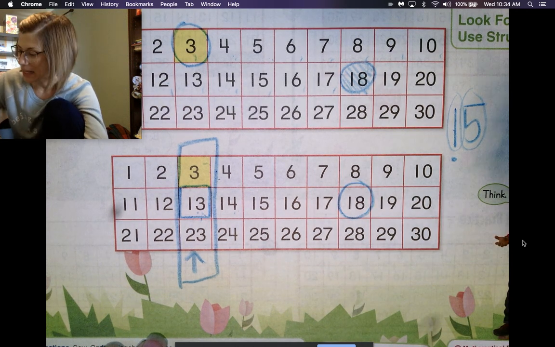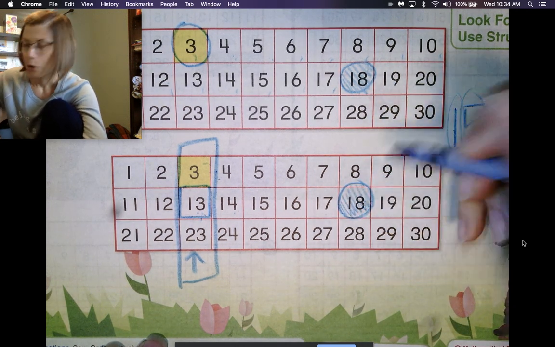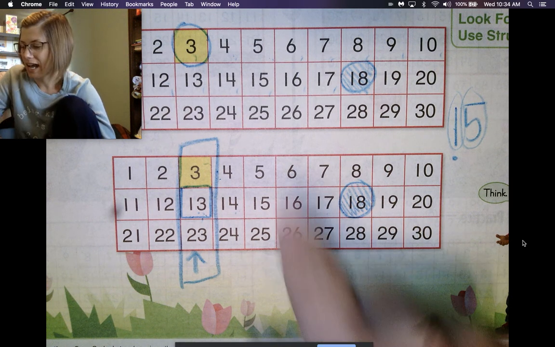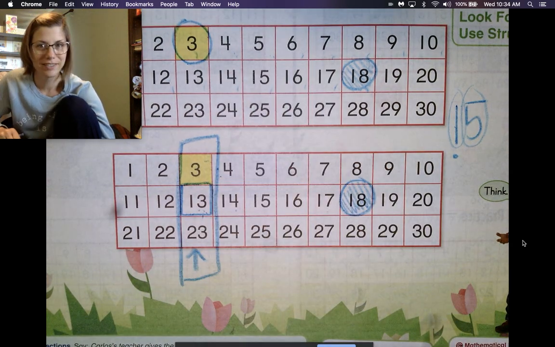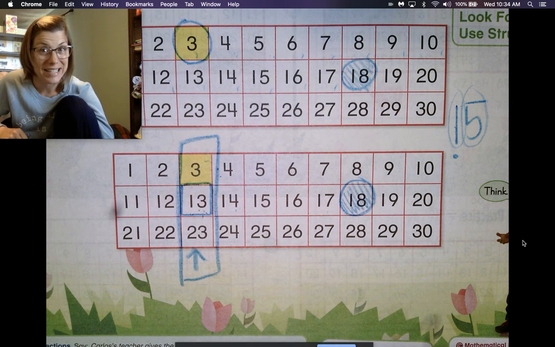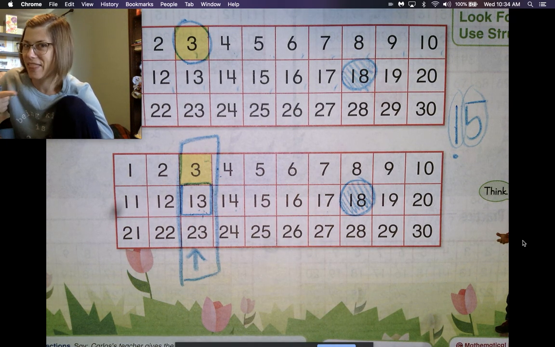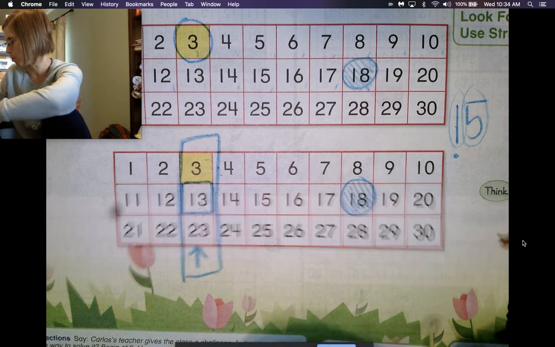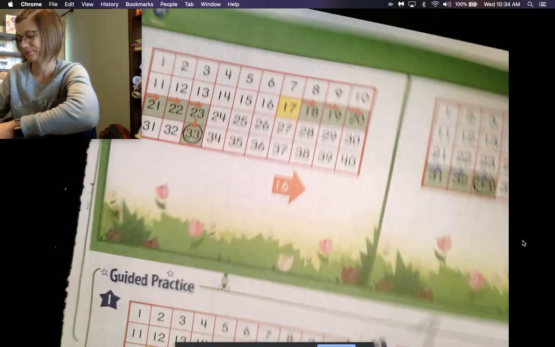I got the same answer. But one of the times I counted, I had to count each square. And the other time I counted by tens first, and then added the ones. Oh, they're going to show us the same thing.